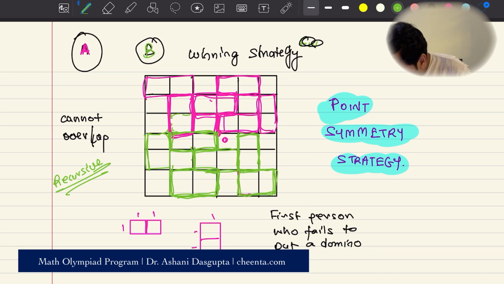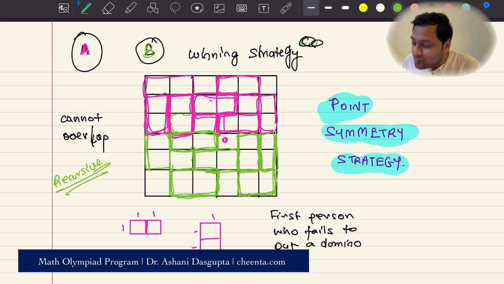Now the player A is almost out of options. Maybe the player A puts a domino here. Then player B would put the domino in the reflected spot, which is here. And now the game is over. There is no other place for player A to put the domino. So basically player A loses the game.